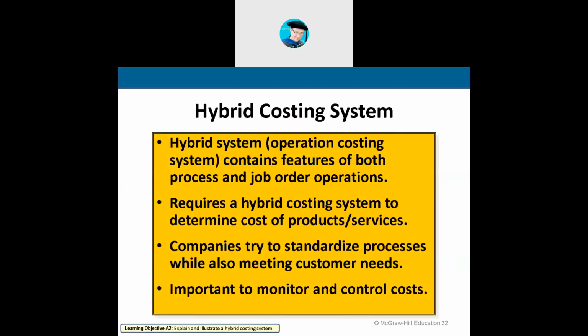You can have a hybrid cost system where we take elements from job order costing and process costing and bring them together. We can make a whole lot of the same car and just distribute those to our dealerships.